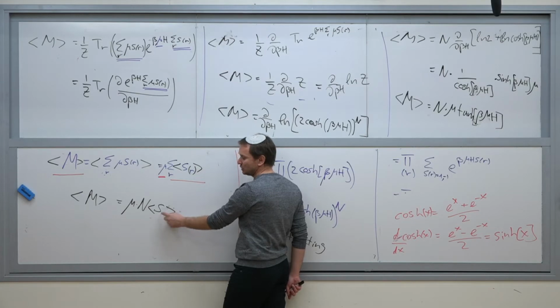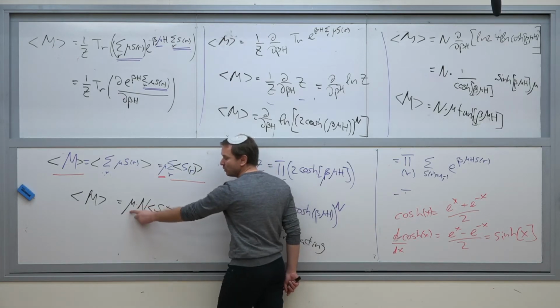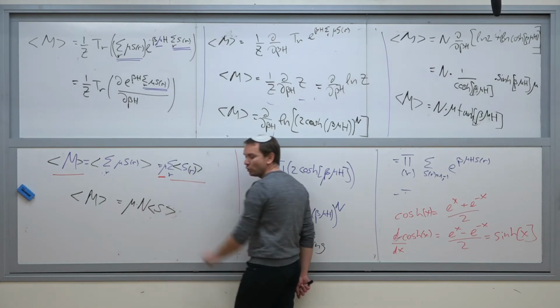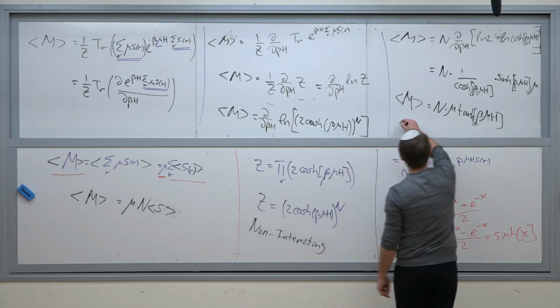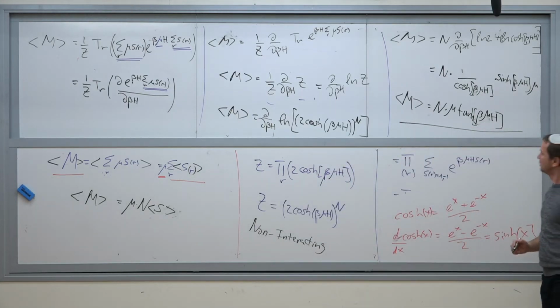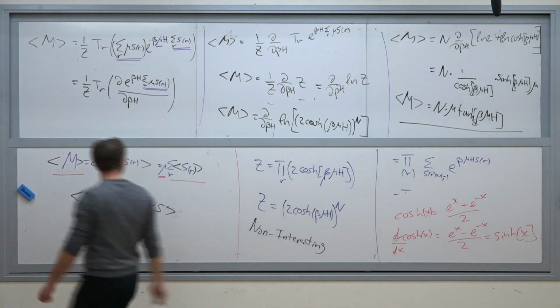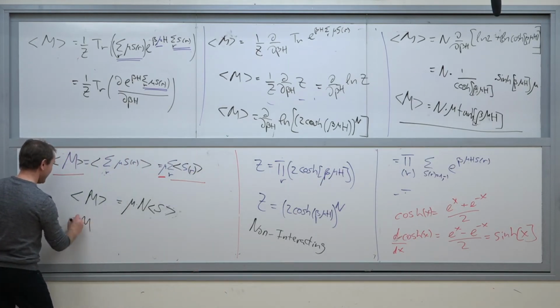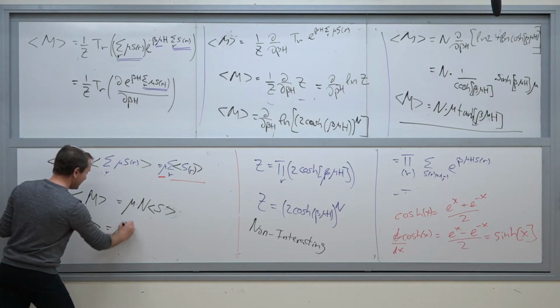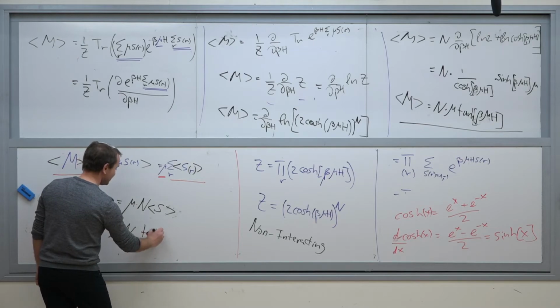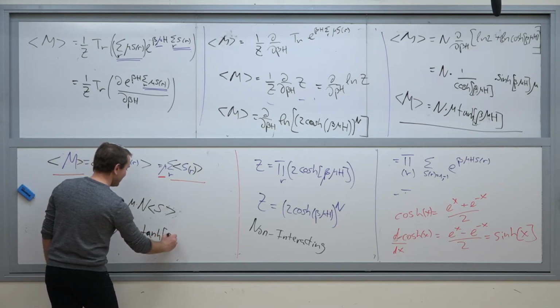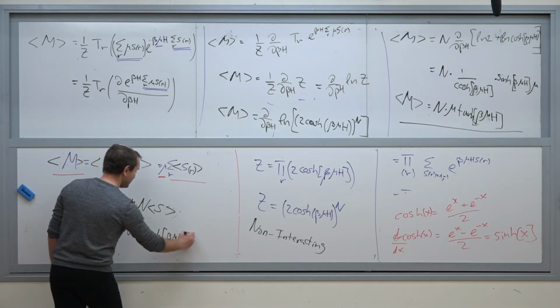The total magnetization is the average value of the spin multiplied by the Bohr magneton, mu, multiplied by the total number of particles. Now what we have obtained is that M equals mu n hyperbolic tangent of beta mu h.